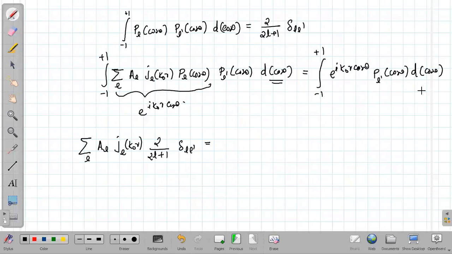Now, how do we perform this integration? We can take this as the first function and that as the second function, and use the product rule.